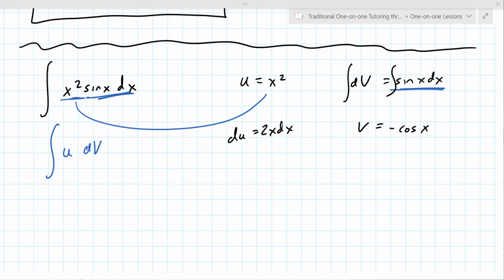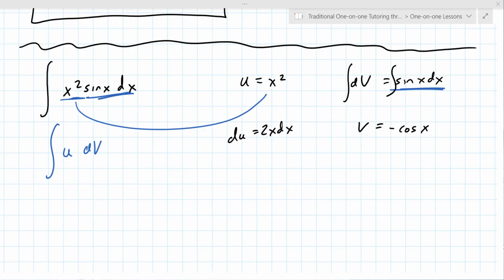You're integrating, so when you integrate, the dx goes away. So for the u, we just take the derivative, and the dv we integrate. Yes.